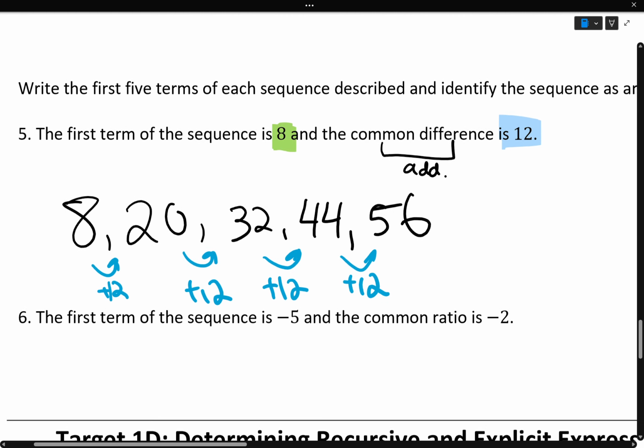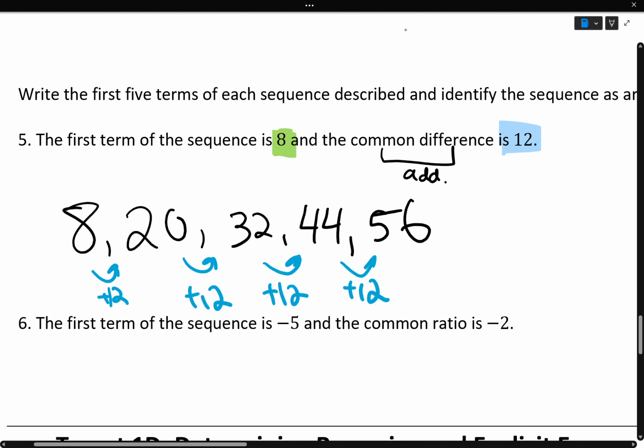In number 6, the first term of our sequence is -5, and our common ratio is -2. This means multiply. Right? So we got negative 5 times negative 2.